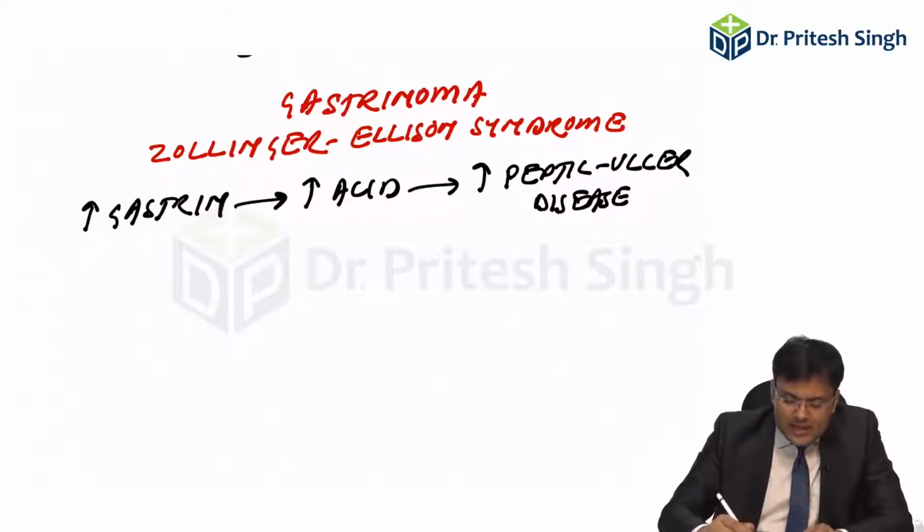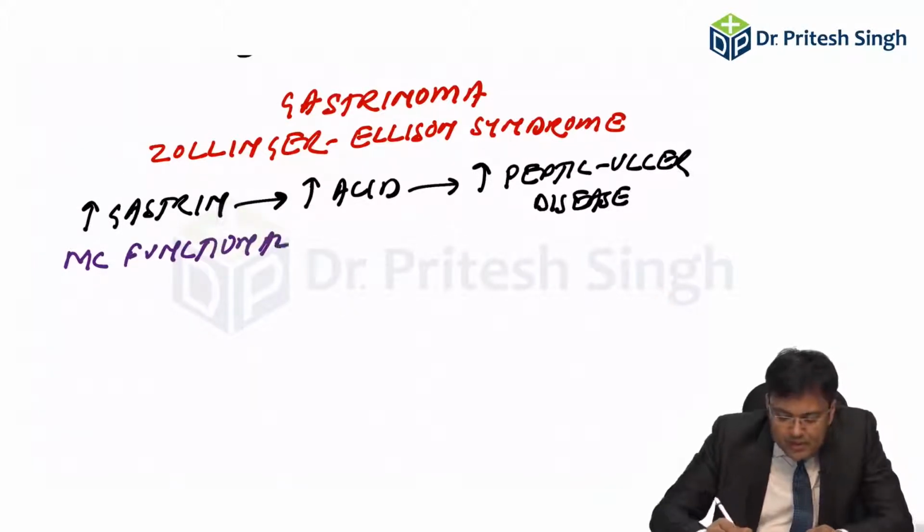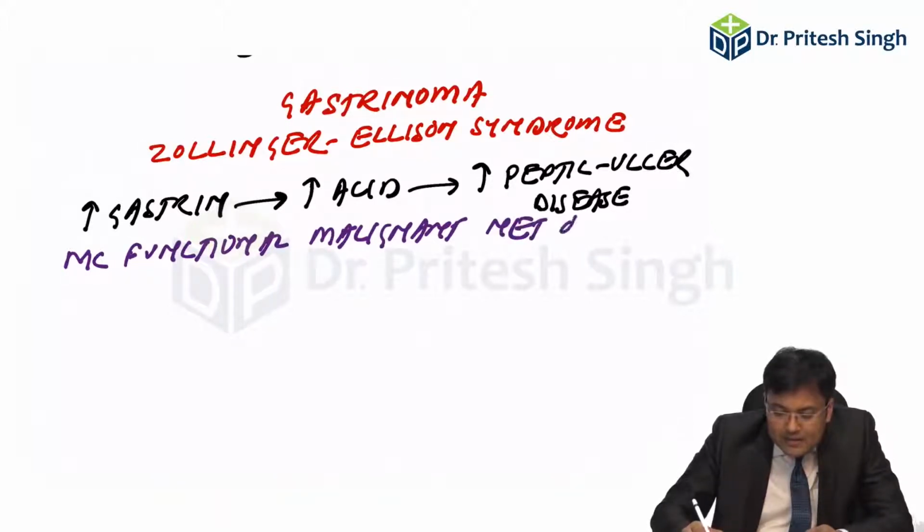Now see, this gastrinoma is the most common functional malignant neuroendocrine tumor of pancreas.